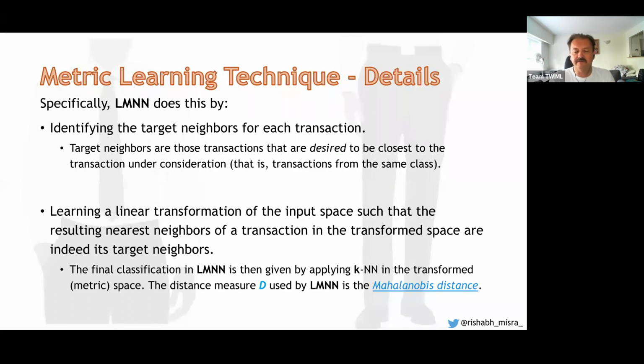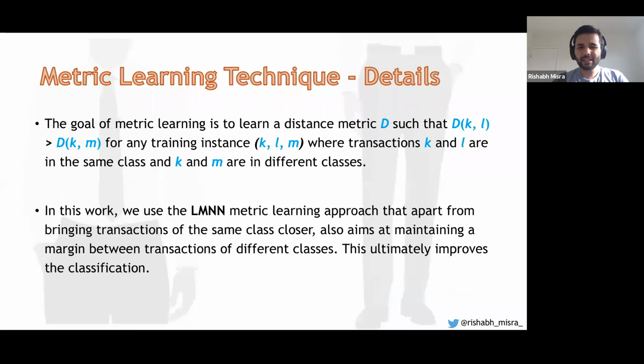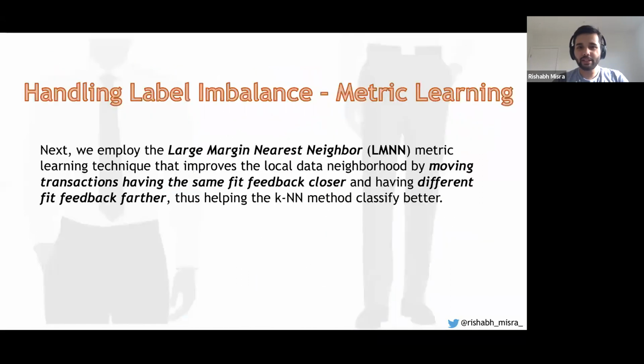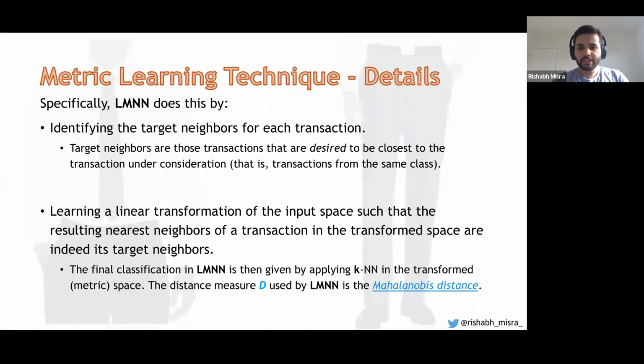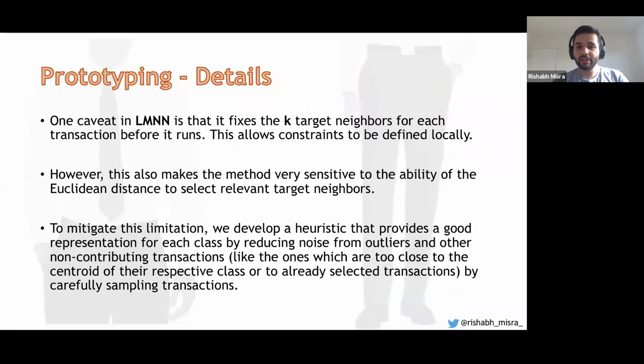I think you might have misread, because we said in the paper that Euclidean distance is not a very good measure to select the target neighbors.